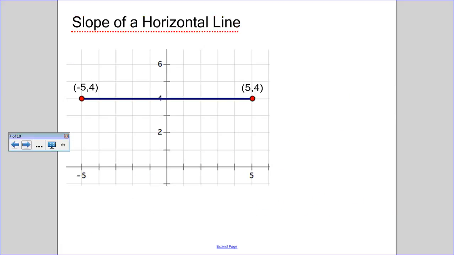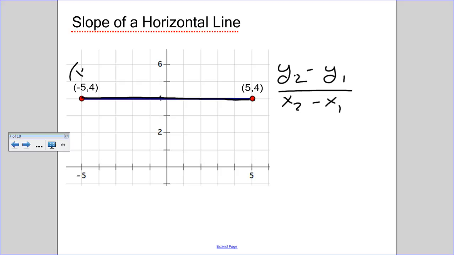Now what about the slope of a horizontal line? A horizontal line is going straight across. How about we use our formula to figure this one out? Remember, our formula is y2 minus y1 over x2 minus x1. In this one, let's say this over here is our x1 and y1, and let's say 5, 4 is our x2 and y2.